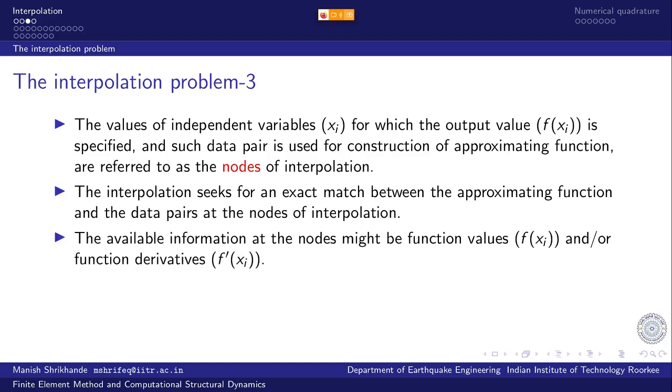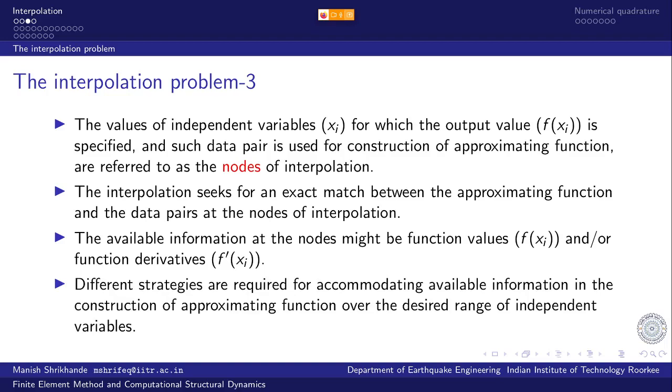And then the available information at the nodes, it can be either function values and not either. Function values are of course required. In addition to function values, we may make use of additional information such as function derivatives, different orders of derivatives, if those are available.